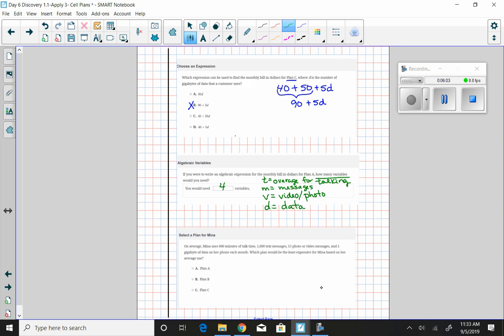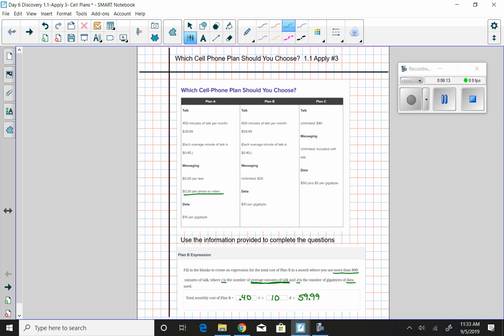So for example, the equation for plan A would be what? It's $40, right? $39.99. Oh, I can't say $40.